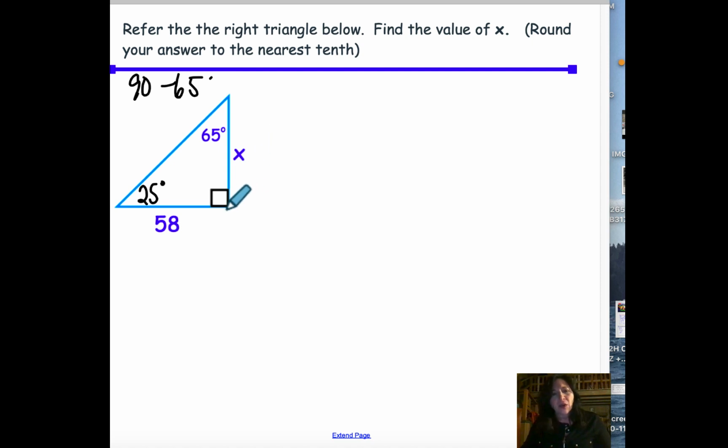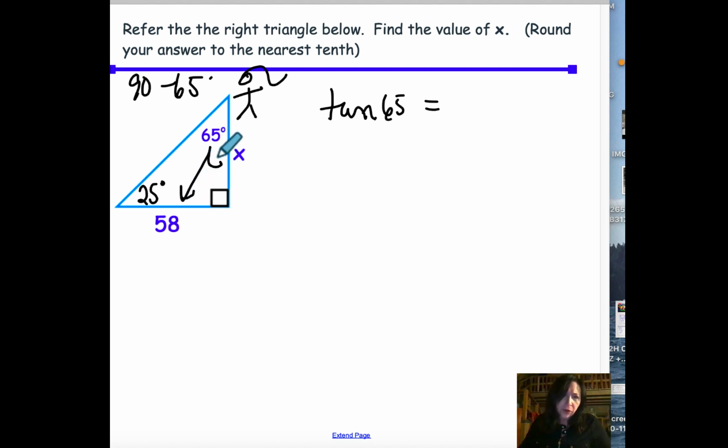All right? Now, you have two options, okay? Your options are you can either be standing at this corner here or you can stand at the other corner. Let's just say I'm up here at this corner. There I am. And so using the tangent ratio, which is the only one we know so far, we're going to say tangent of the angle, which is 65 degrees, is equal to the opposite side over the adjacent side.